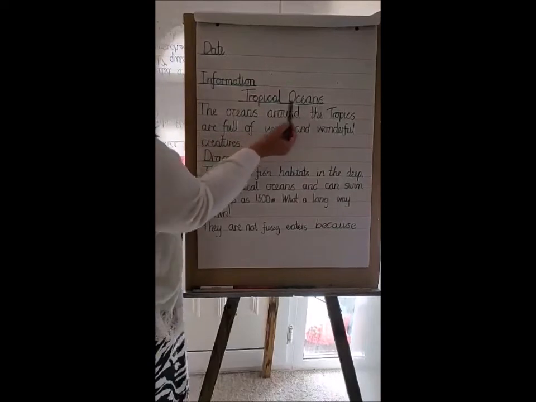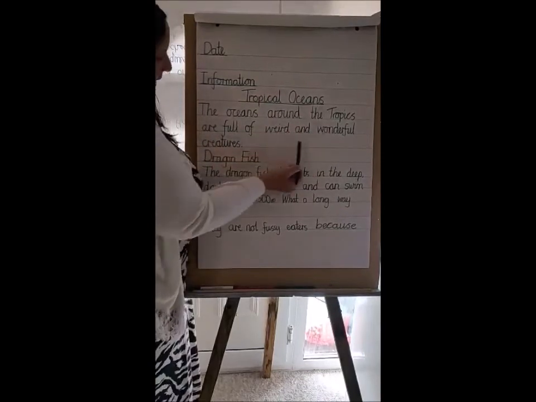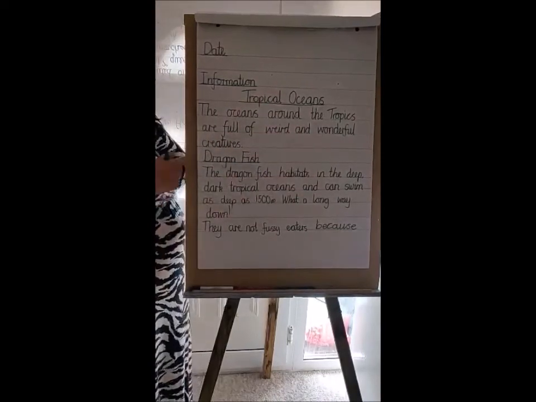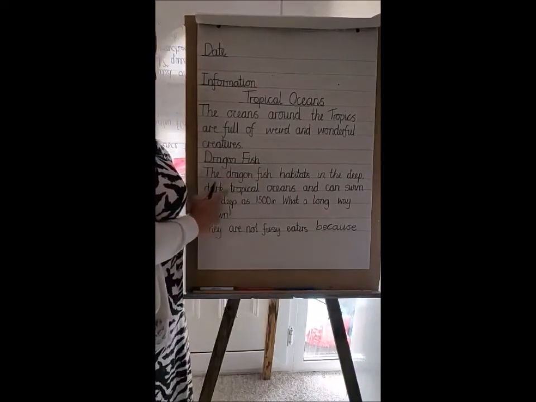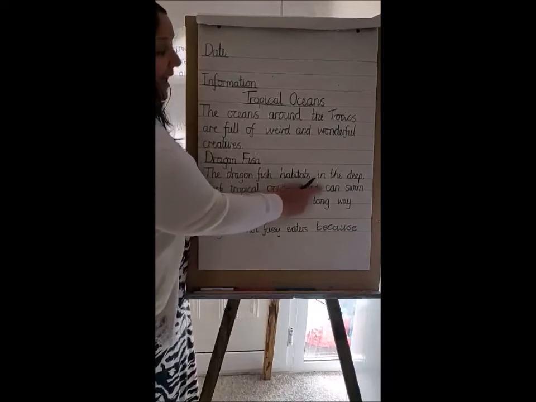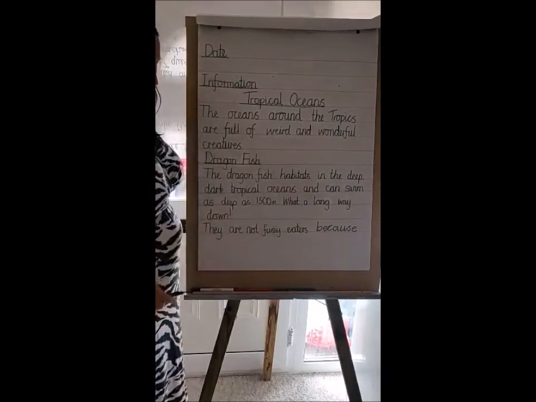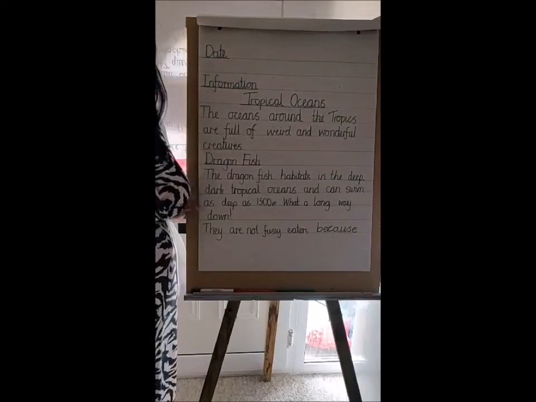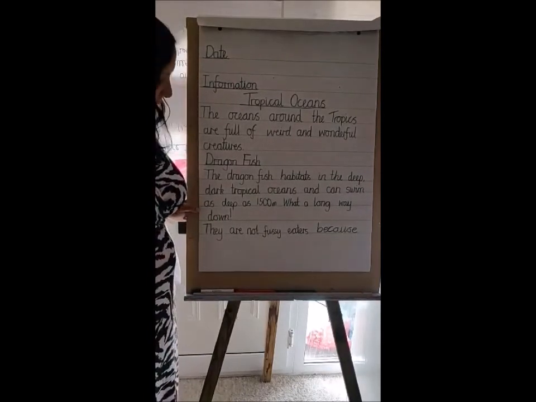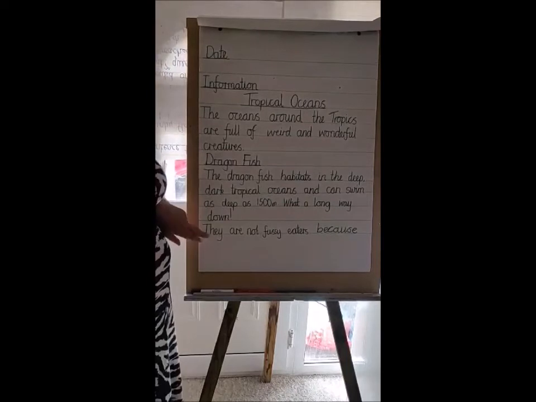The oceans around the tropics are full of weird and wonderful creatures. Dragonfish. The dragonfish habitats in the deep, dark tropical oceans and can swim as deep as 1,500 metres. What a long way down.